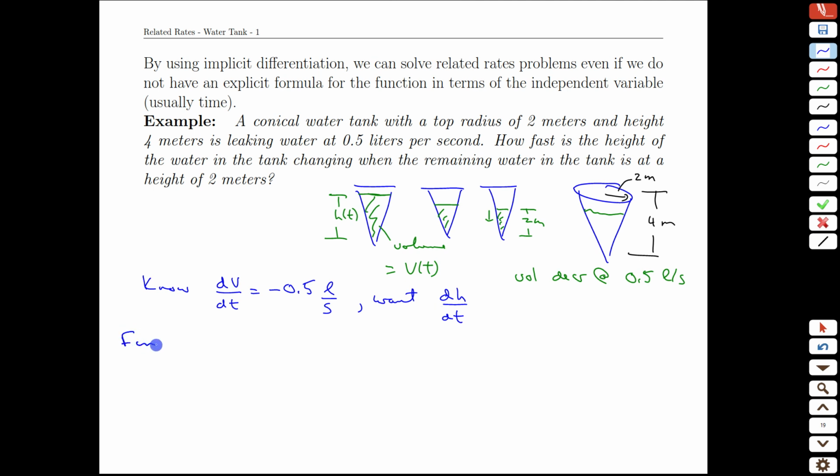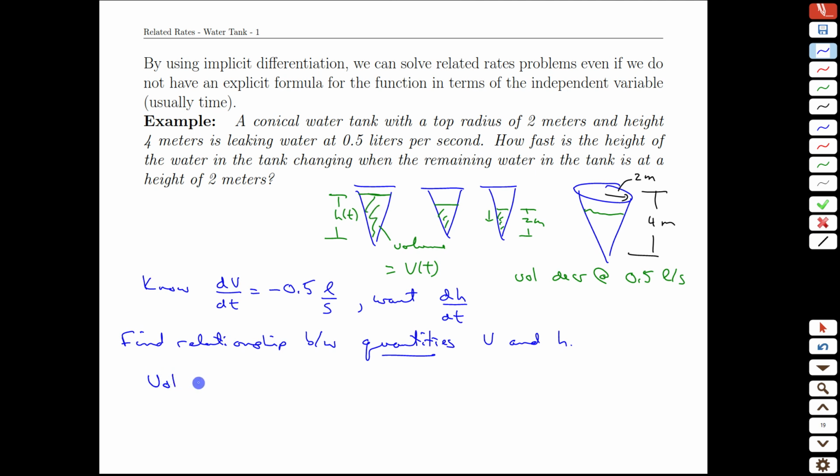So our first step then is to find the relationship between the quantities, not the rates, but the quantities, in this case V and h. Well, h is the height of the water. The volume, I think, is the more interesting part.